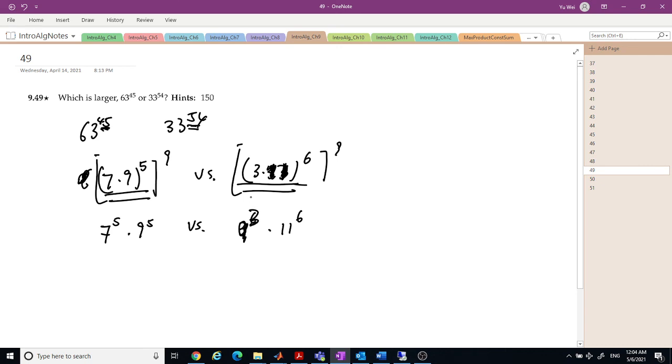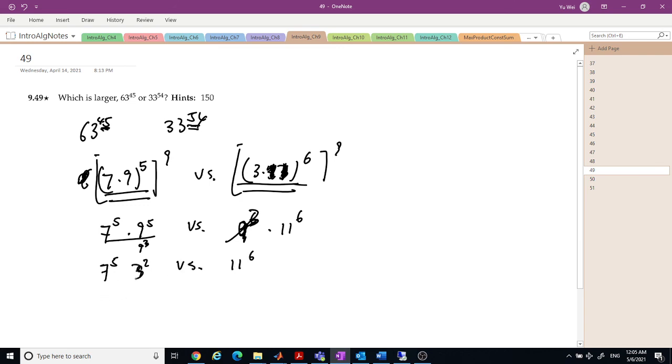So 7 to the 5 times 9 to the 5 compared with 9 to the 3 times 11 to the 6. We can divide both of them by 9 to the 3, so 9 to the 3 is gone. We have 7 to the 5 times 9 to the 2, compared with 11 to the 6.